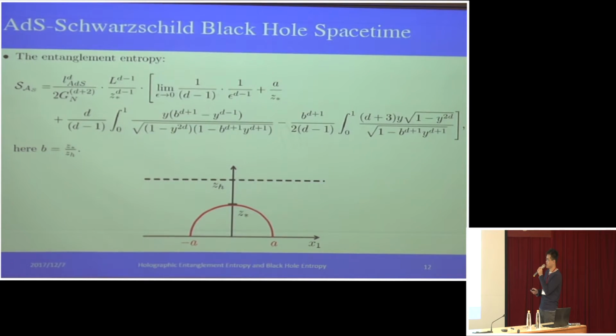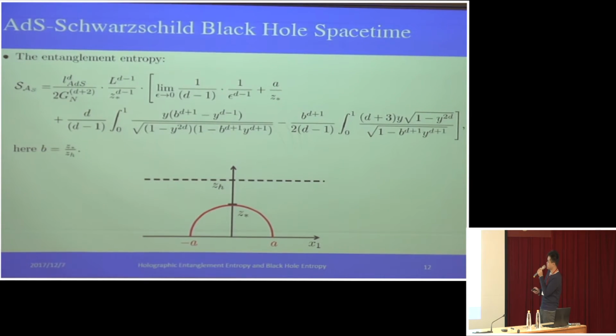Now we have the same divergence term, and this term, and we have another two finite terms here. And here B is the ratio of the horizon and this turning point.